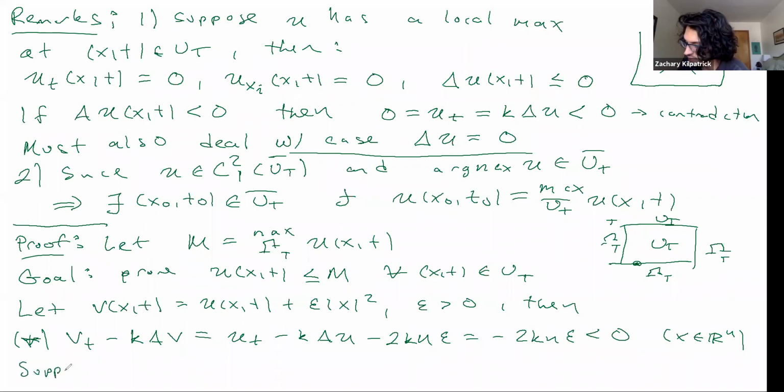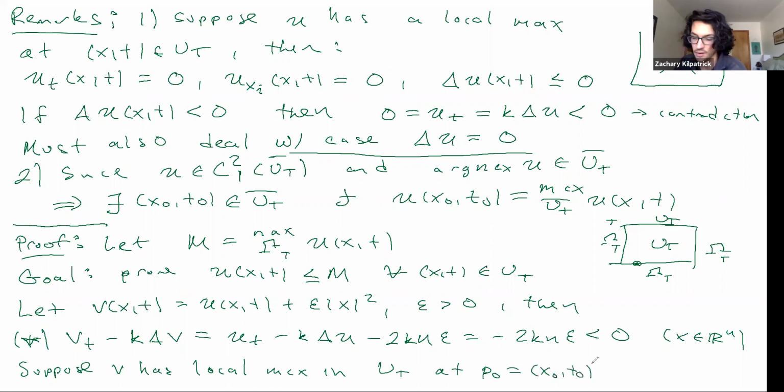Start off by supposing that v has a local max in U sub t at some point, call it P0, and that's going to be x0, t0, and t0 will be less than t, okay? So again, we can use the properties of the local maximum on v to set up a bunch of corresponding equalities for the derivatives of v, okay? I'll do that on the next slide.